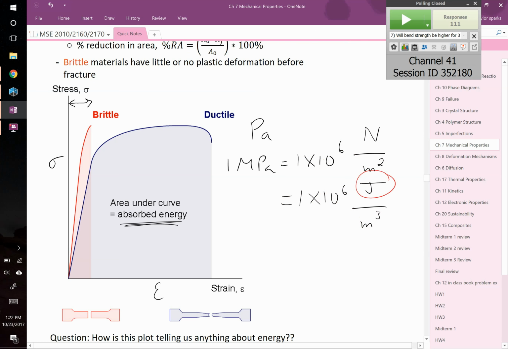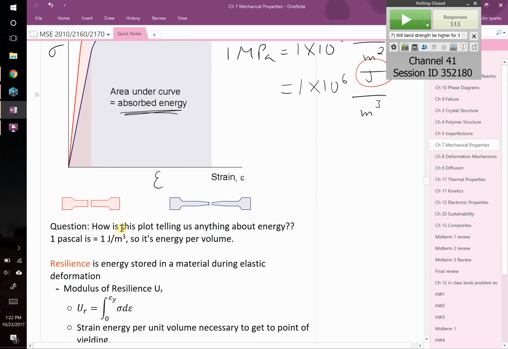So what it's really saying is that if you took into account the entire volume of your sample that the stress was being applied to, there will be some amount of energy being stored in that entire volume, that whole meter cubed of your sample, right? So that's how you get this energy stored in your material, right? So if you want a material that's going to absorb lots and lots of energy, you want to maximize the area under this curve, okay?